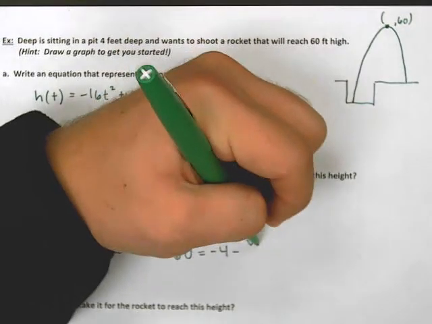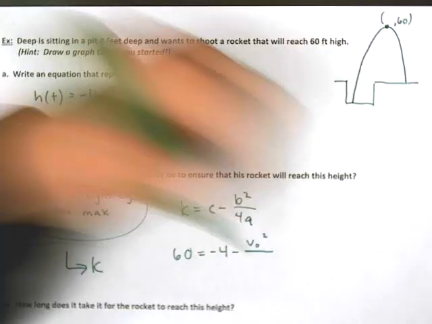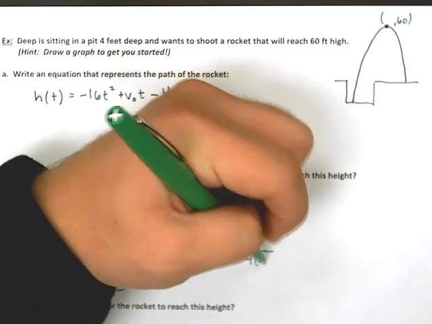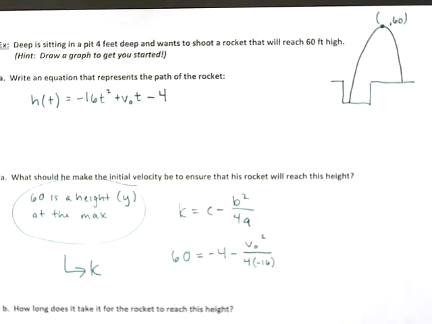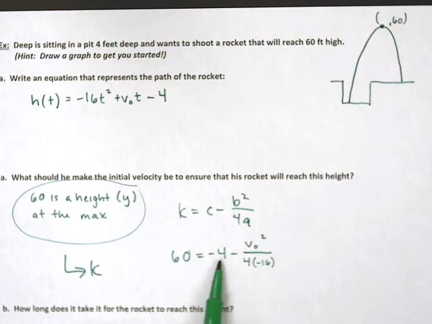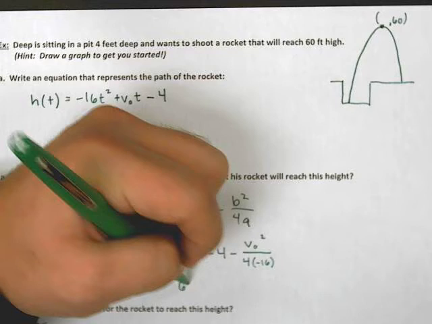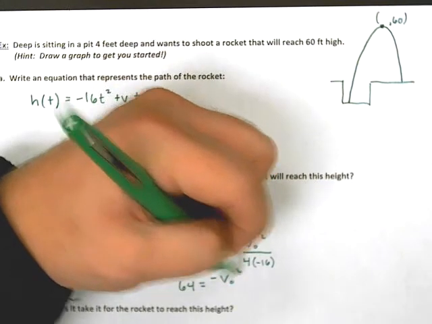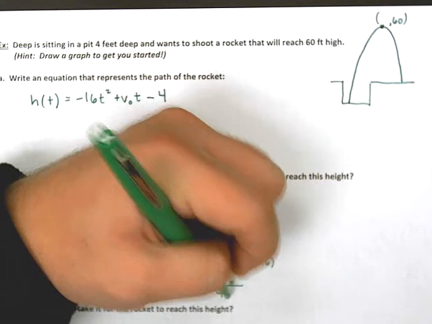So v naught squared over 4 times negative 16. First things first, we're probably going to want to move the 4 over. So 64 equals negative v naught squared over 4 times negative 16.